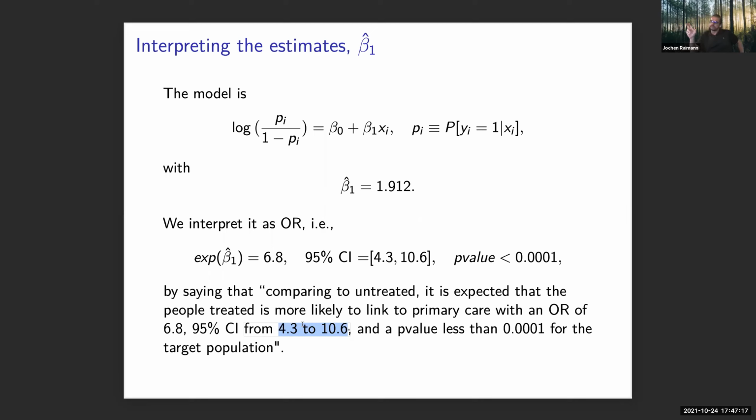So where these log odds meet is at 0, and an exponentiated 0 becomes 1.